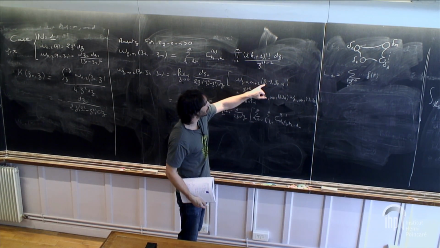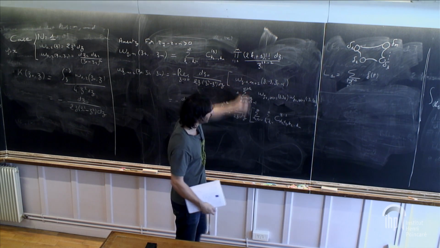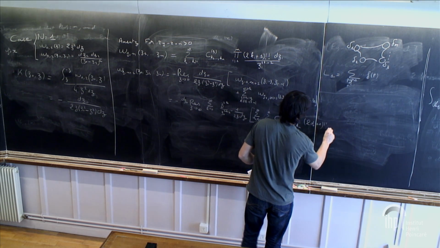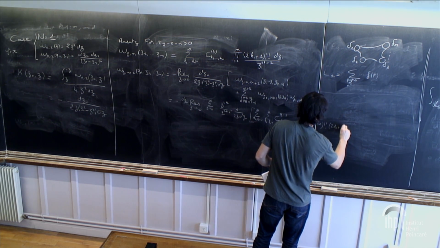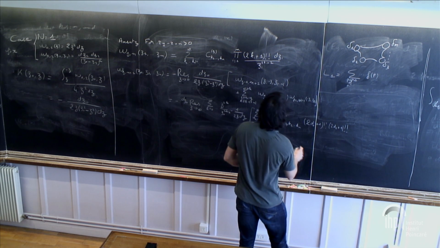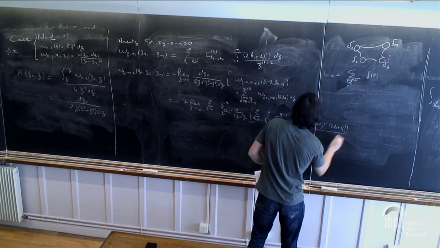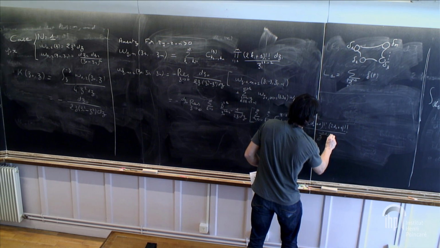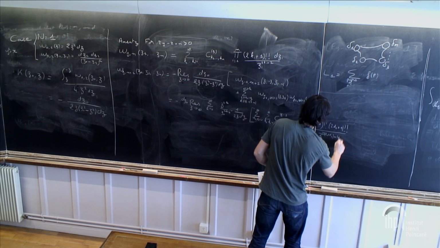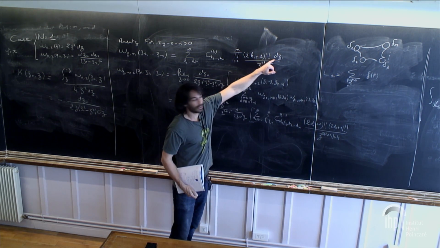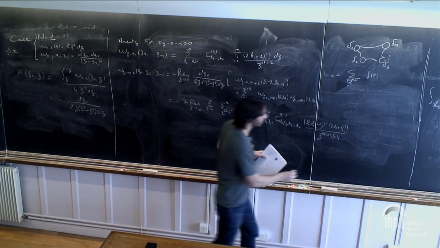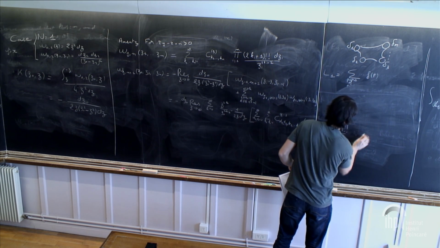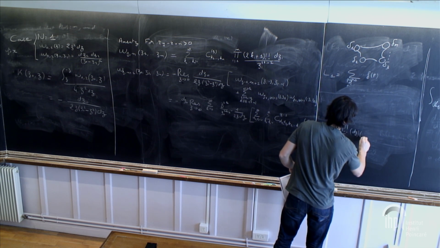The first two correspond to z and minus c. So I get a 2d1 plus 1 double factorial, 2d2 plus 1 double factorial, divided by z to the power 2d1 plus d2 plus 4. Now I've got a dz times minus dz.